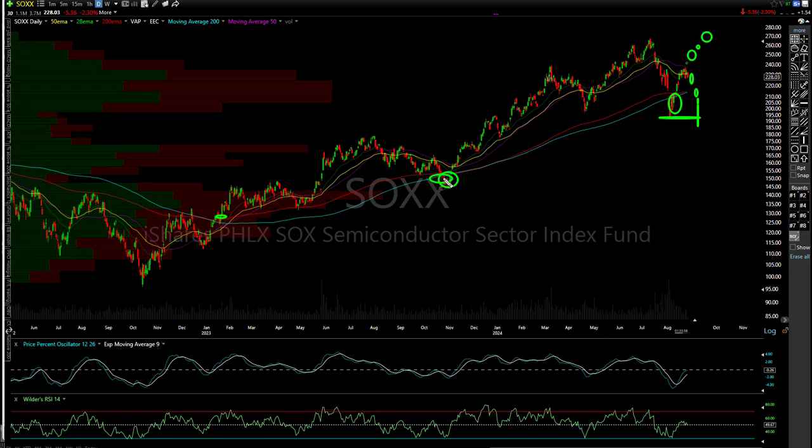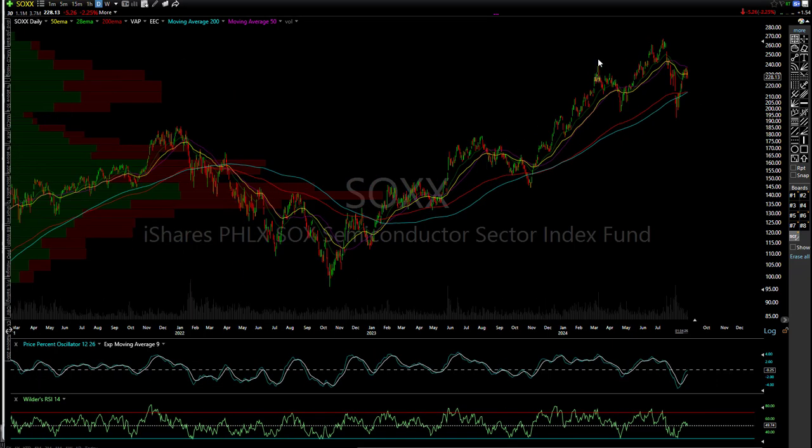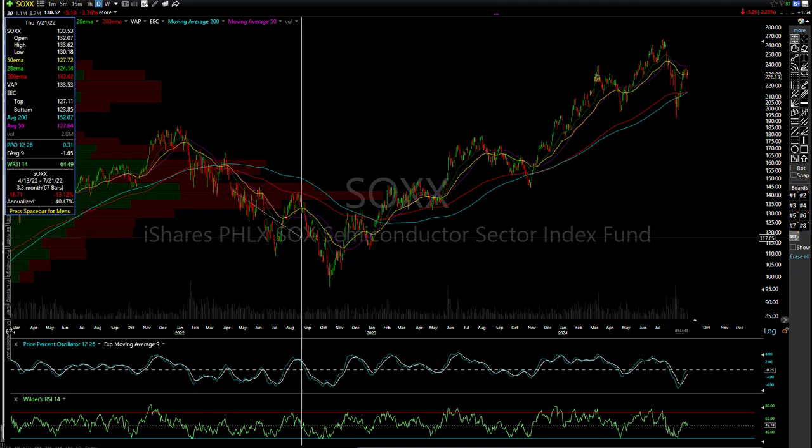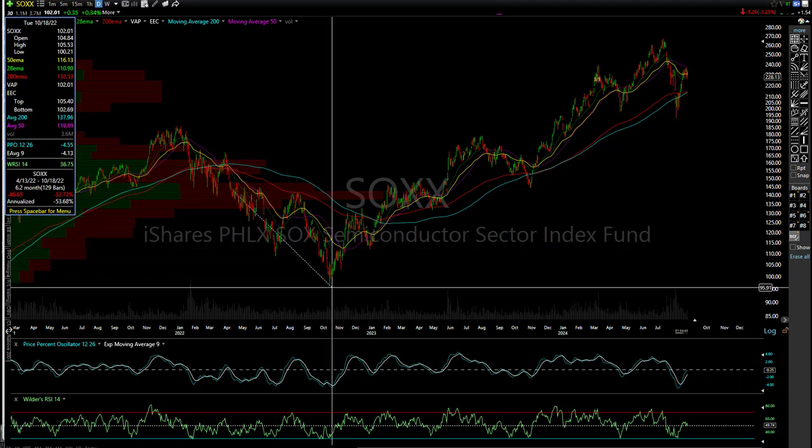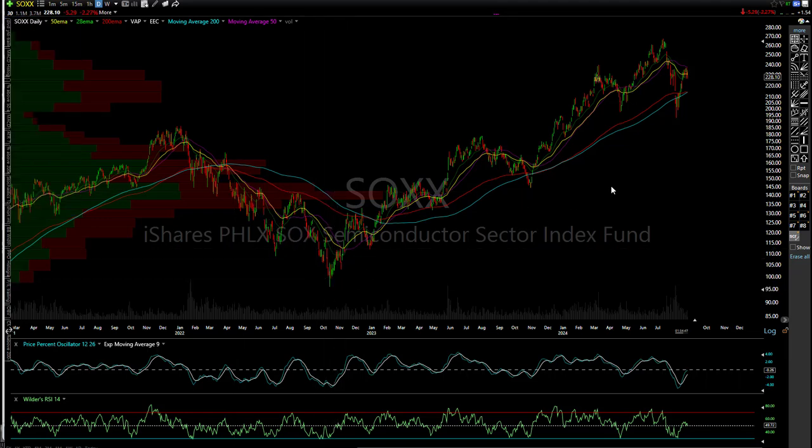Most stocks will be, most semiconductors will be, and then the market will most likely realize the 200s gave way, just like back here. Remember, we undercut them, we rallied back above. We undercut them again. Once it became clear, and it was right here after that second undercut, that the 200s were now gone, boom, after we cut that low out, the whole sector fell another 32%.